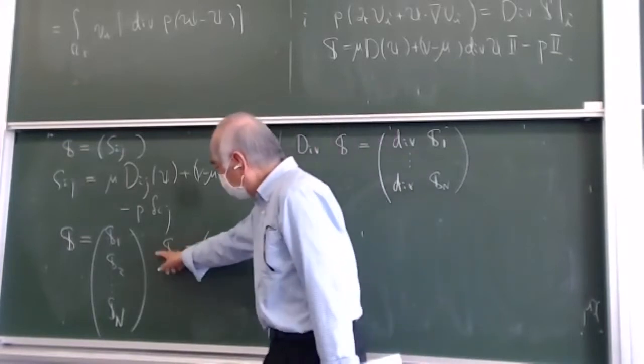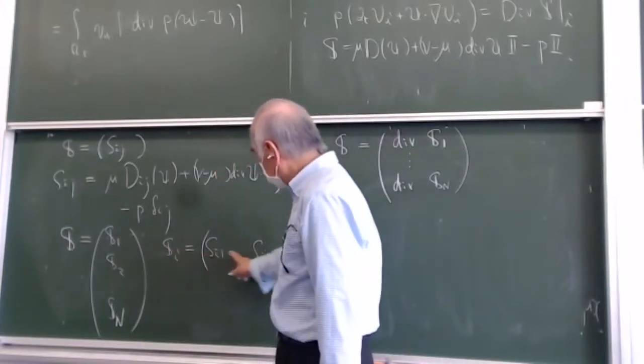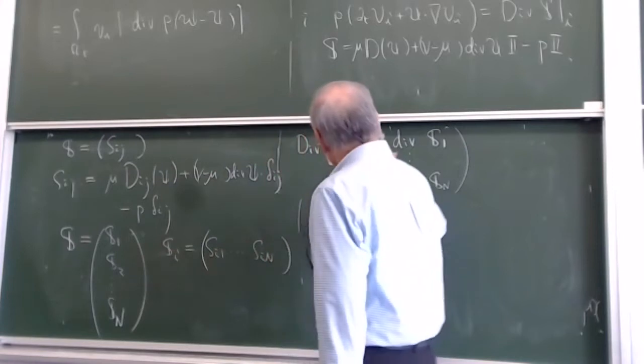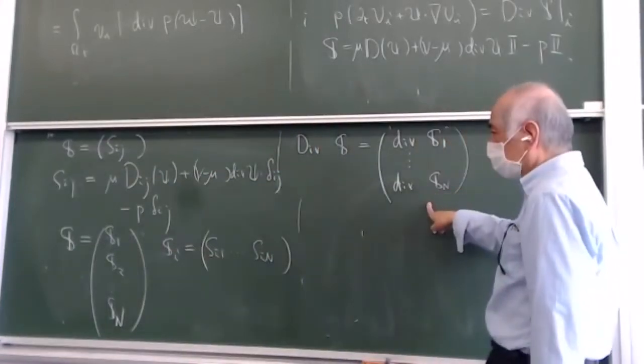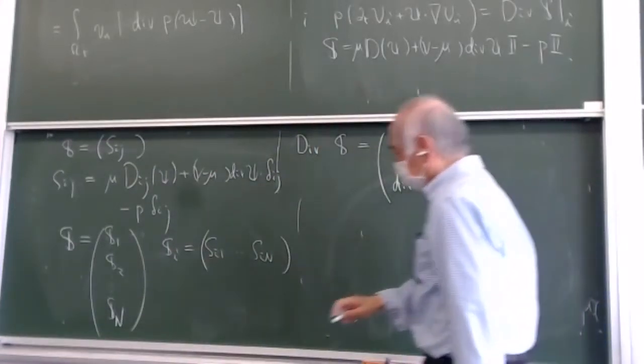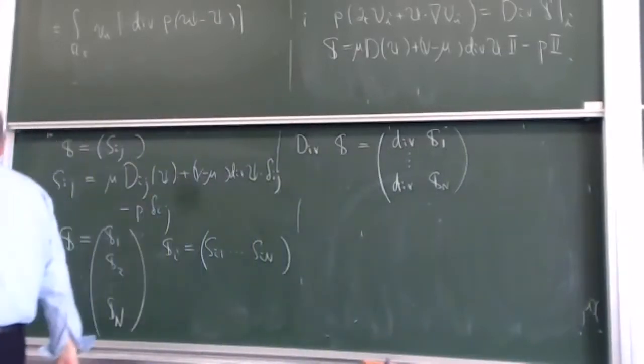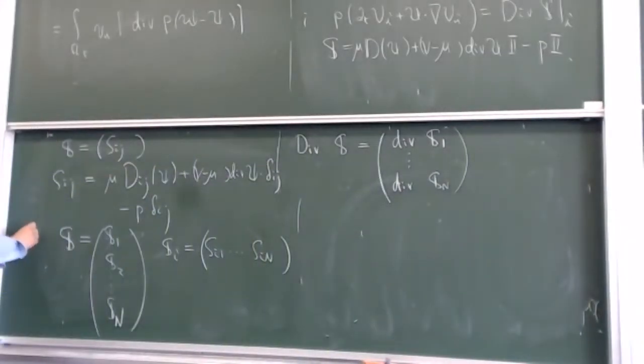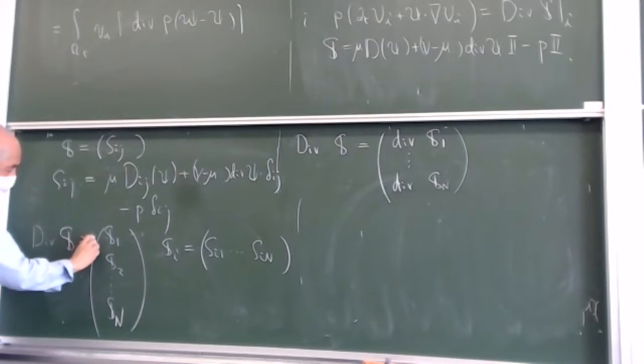So you take the divergence of Si, just you take div S1 to Sn. So the divergence is taken for each component.